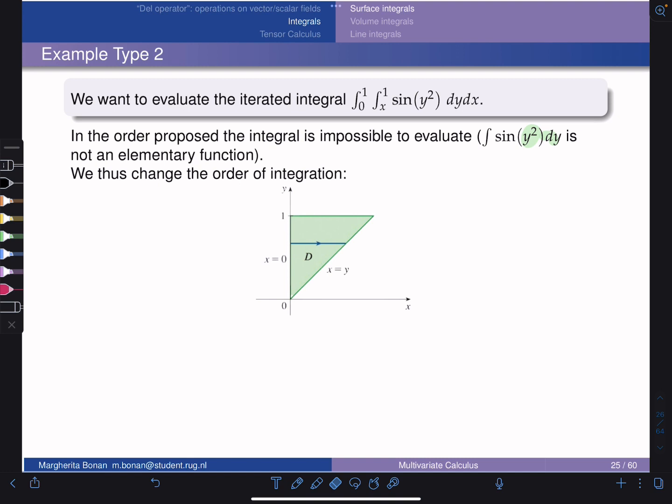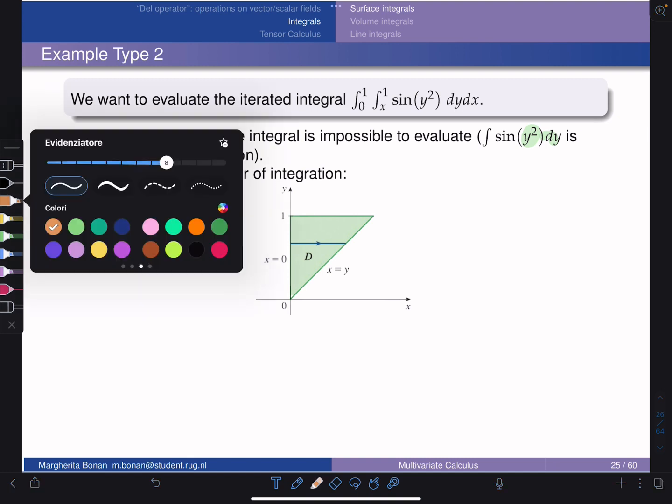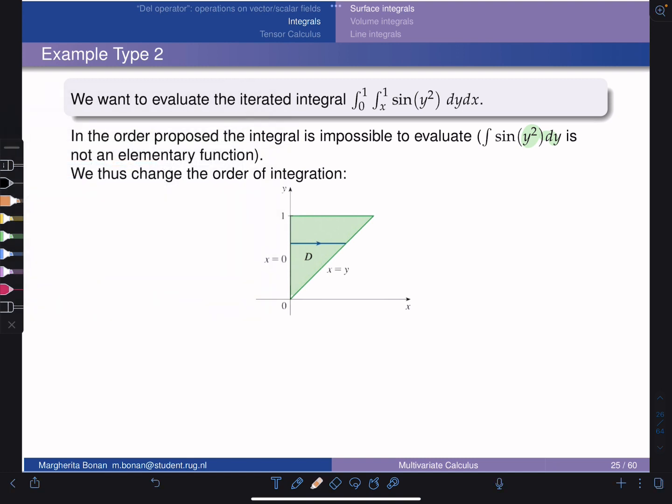We first visualize the domain D over which we are integrating, and we see that we can easily write it as a type 2 region, as this bound can be dependent on y, and in every other bound we just have constants.